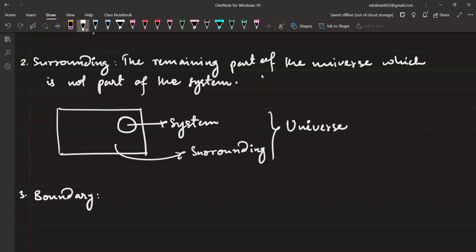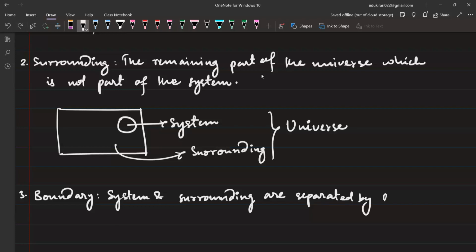What is boundary? Boundary is that part, imaginary or real, which separates the system and surrounding. System और surrounding को जो separate करते हैं वही boundary है. ठीक है. So boundary को function के हिसाब से लिखा जाता है, that system and surrounding are separated by boundary. ठीक है.